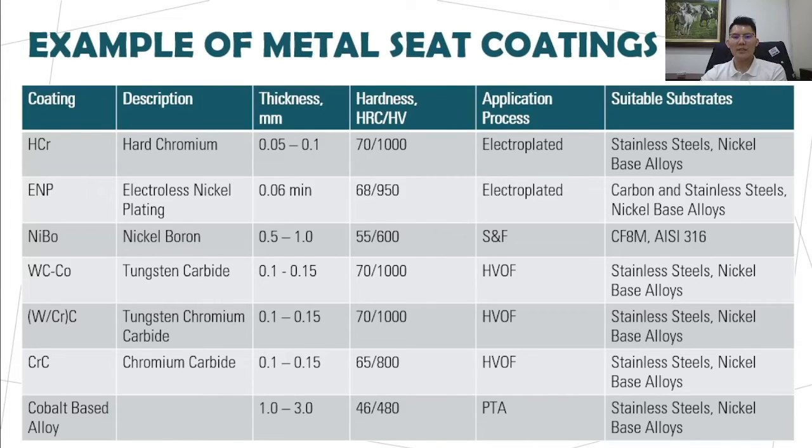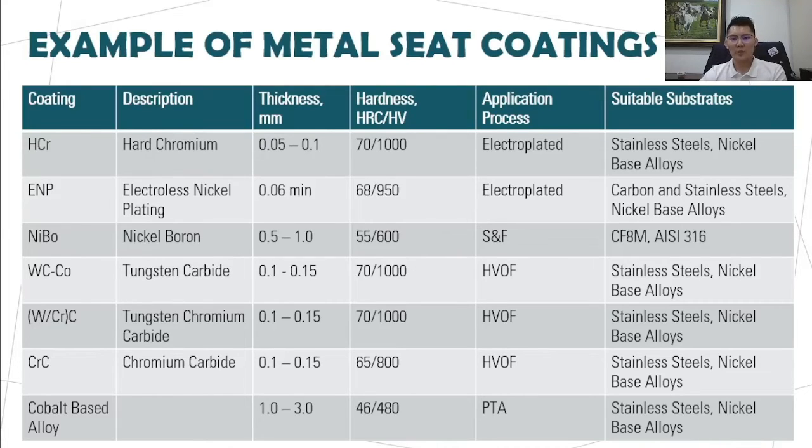The temperature characteristic for this is also very good, but it's limited by the base material we are using. Similarly, tungsten chromium carbide also provides very excellent resistance in the application, compared to tungsten carbide.